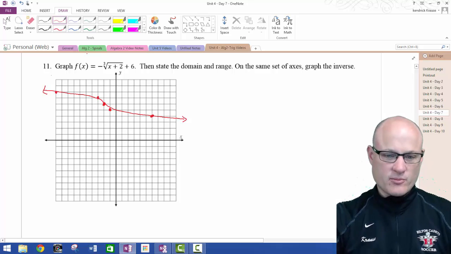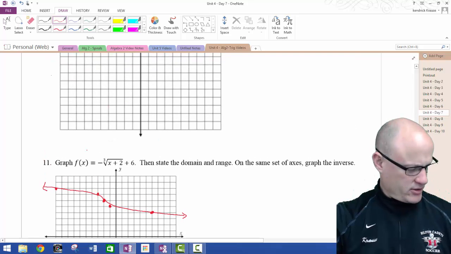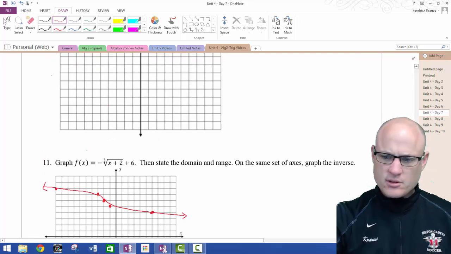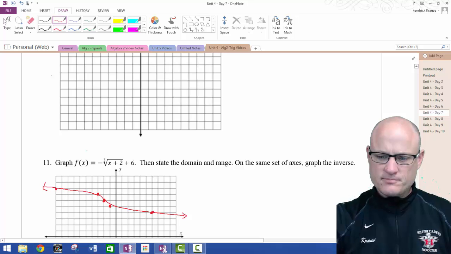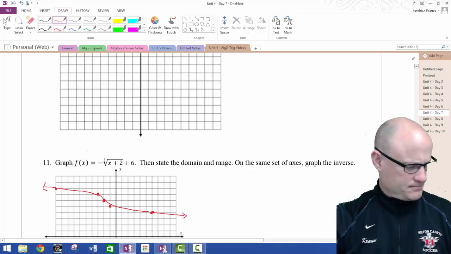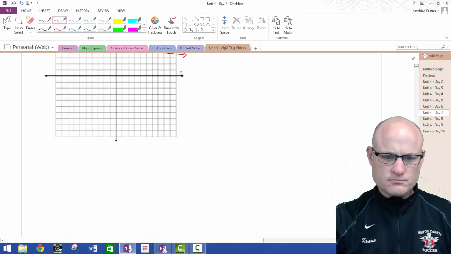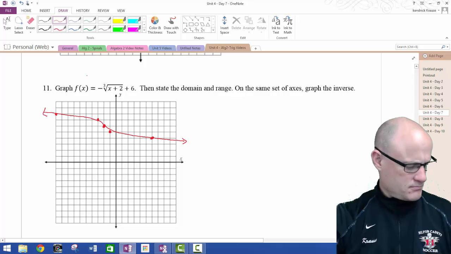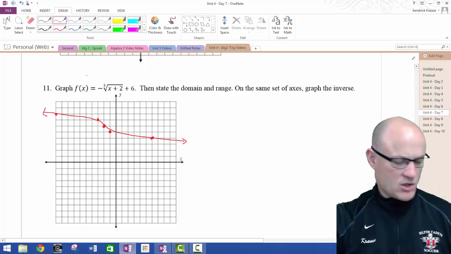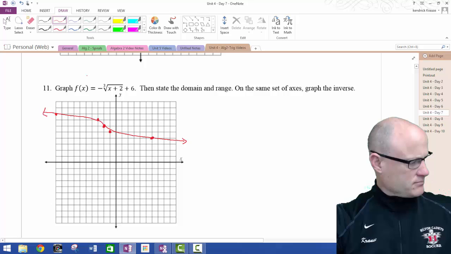Well, it looks like there's another page. Doesn't look like there's another page. Somehow I'm missing a page. Oh, no, I'm not. This is number 11. Okay.